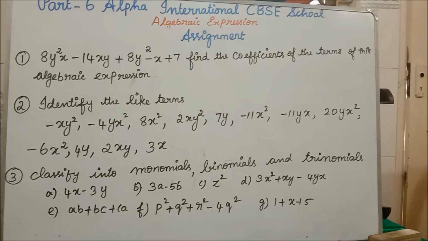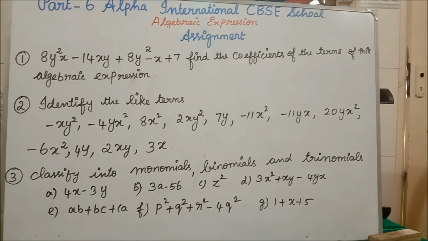Okay, you first take this 8y square x. You see the earlier video, then you see how we found the coefficient of the terms. You first write term 1, which is the first term, isn't it? You write 8 is the coefficient of the remaining factors, which are y square x. Clear?